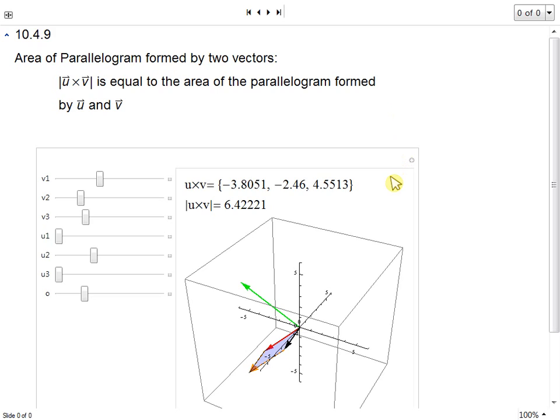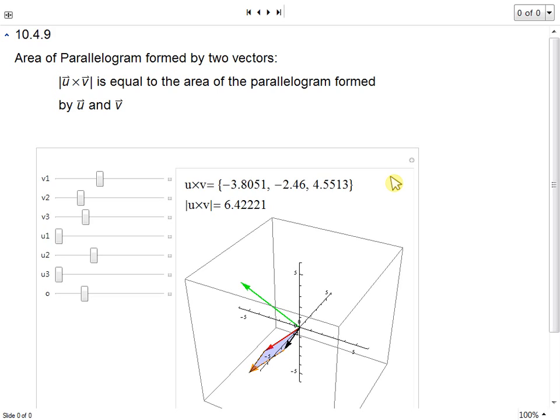Another very, very nice result, and this will come into play later on when we're trying to do surface area approximations. So we'll be trying to approximate a surface area of a surface in three-dimensional space. And to approximate that surface, what we do is we cut up the surface into infinitesimally small little areas.